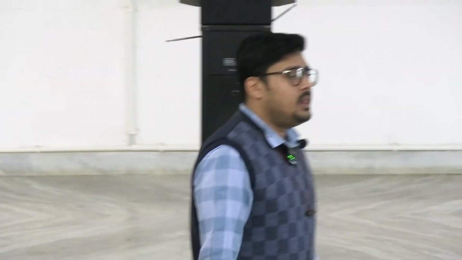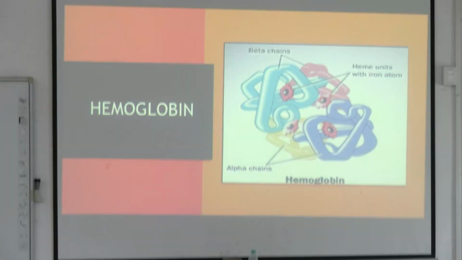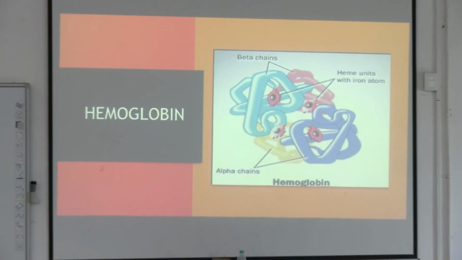Before starting sickle cell anemia, we must know the basic structure of hemoglobin, the normal variants of hemoglobin in our adult individual, and the normal hemoglobin structural pattern, the 2 alpha chains and 2 beta chains. From our previous knowledge, we all know that hemoglobin is a tetramer.